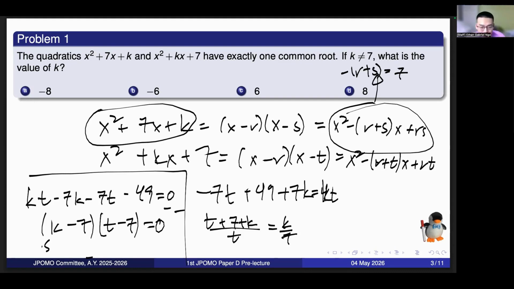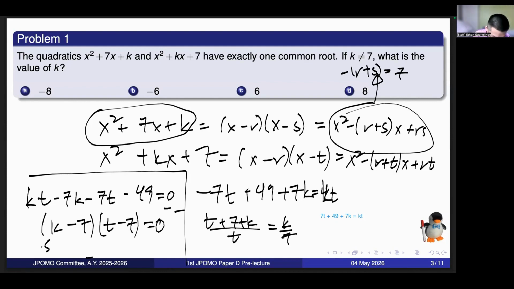Okay, I managed to fix the issue right now. So using this equation, what we will be getting is 7t plus 49 plus 7k equals kt.